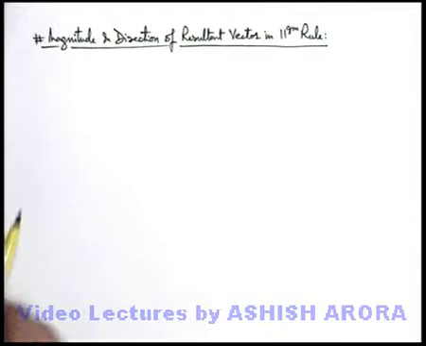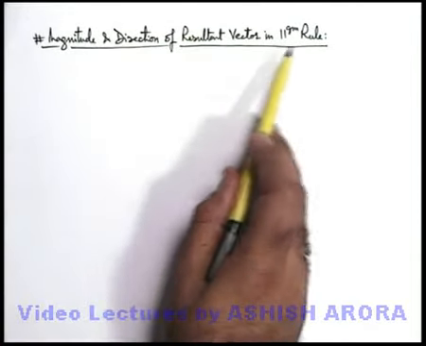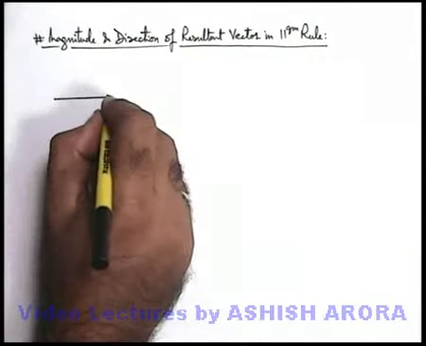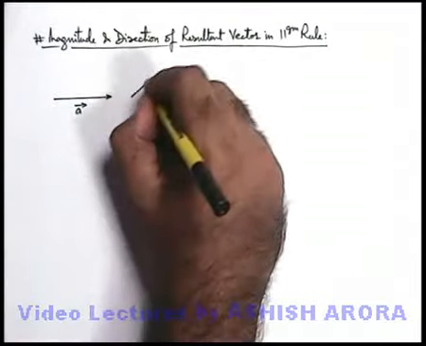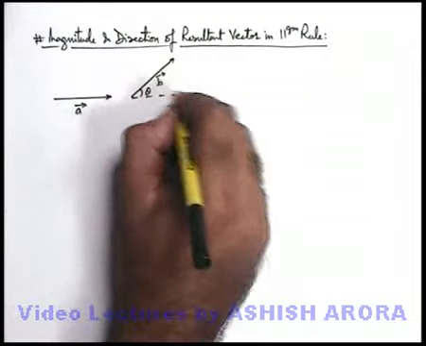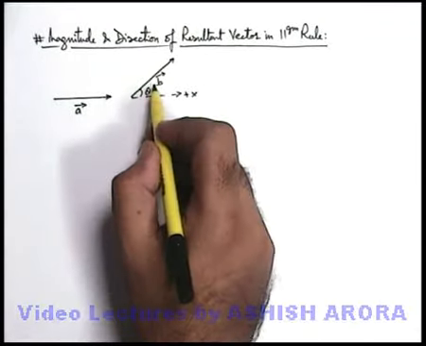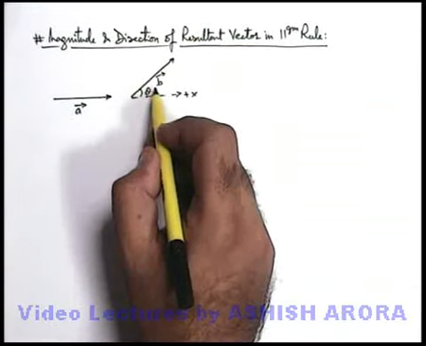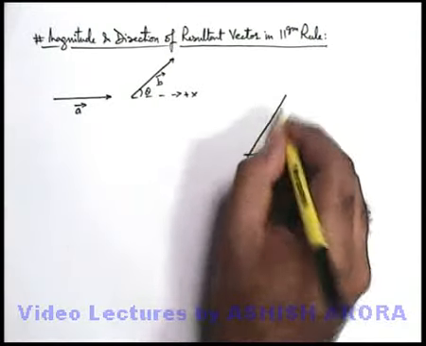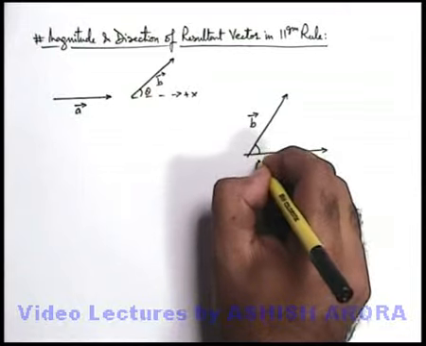Now we'll discuss the way to calculate the magnitude and direction of the resultant vector in the parallelogram rule. We have just now studied that if we consider two vectors, vector A and vector B, and say B vector is at an angle theta with the positive direction of x-axis, and we wish to find the resultant vector for the addition of A vector and B vector, we draw both the vectors at a common point.